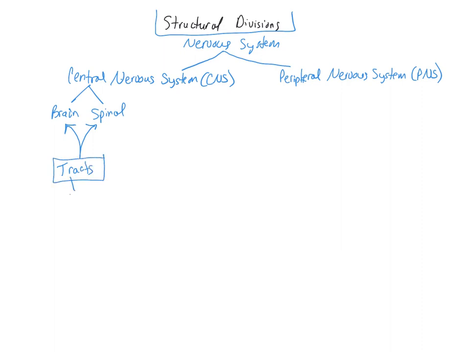And a tract is a bundle of axons in the central nervous system, okay? You're also going to have, feeding into those tracts, the cells, okay? And the main cells are neurons, but then there are several glial cells that we're going to talk about as we go further on, okay? But that's basically how it's organized.